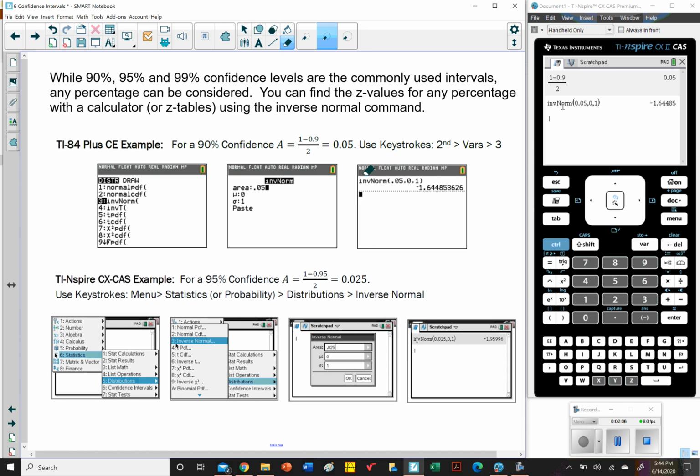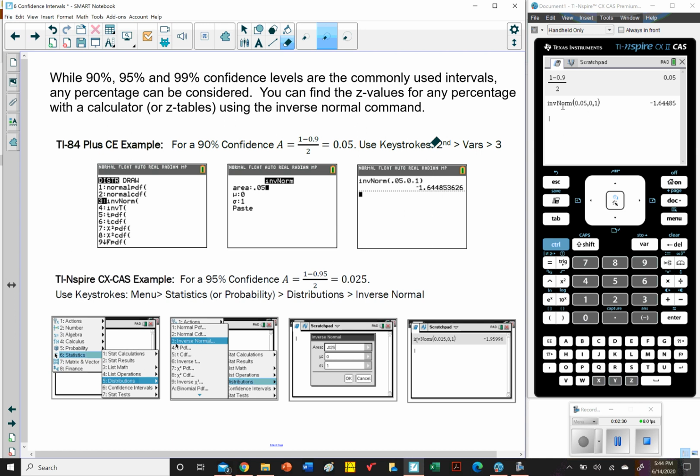So let's just consider first the 90% confidence interval. You find that by taking 1 minus the confidence and dividing that by 2, since half of it is on one side and half on the other side, or in the tails. And then you want to find the inverse normal.